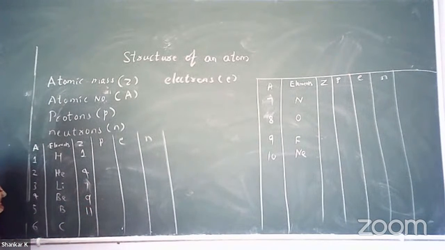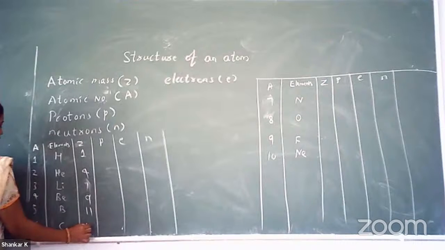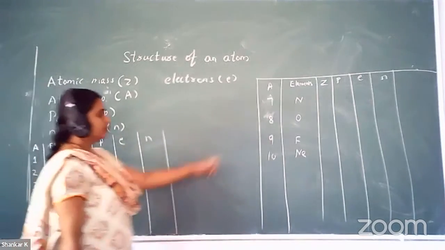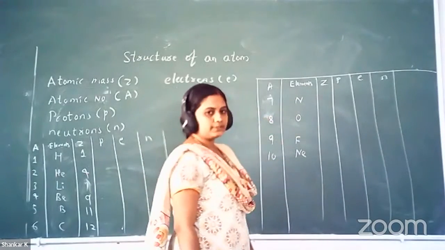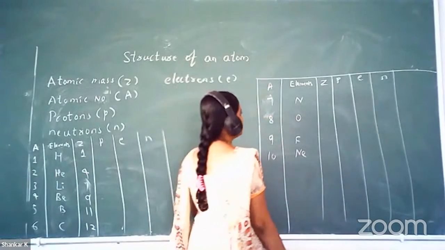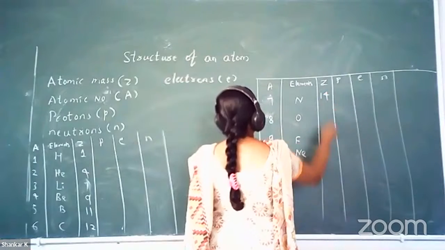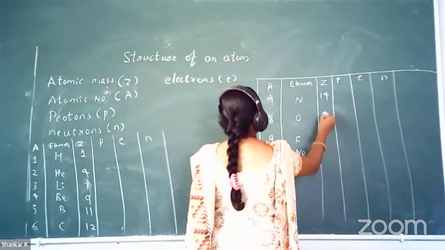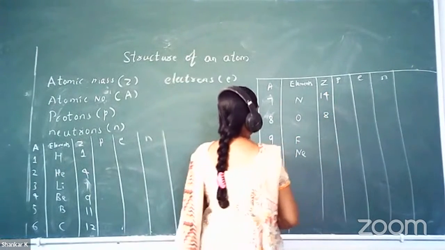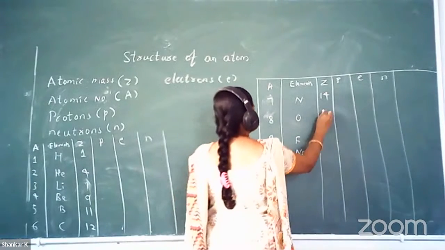Carbon is 12. Then nitrogen is 14. Oxygen is 16.